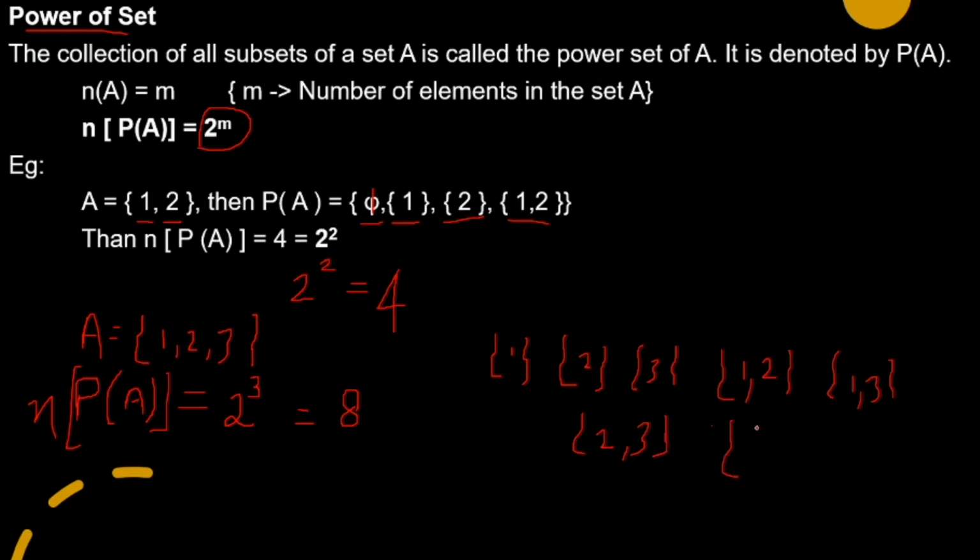Then we have all together, that is {1, 2, 3}. Is anything left? Yes, the empty set is left. Got it? So we count 1, 2, 3, 4, 5, 6, 7, 8. We got the subsets, and when we count, we get the power of the set. Is it clear? I hope this is all understood.